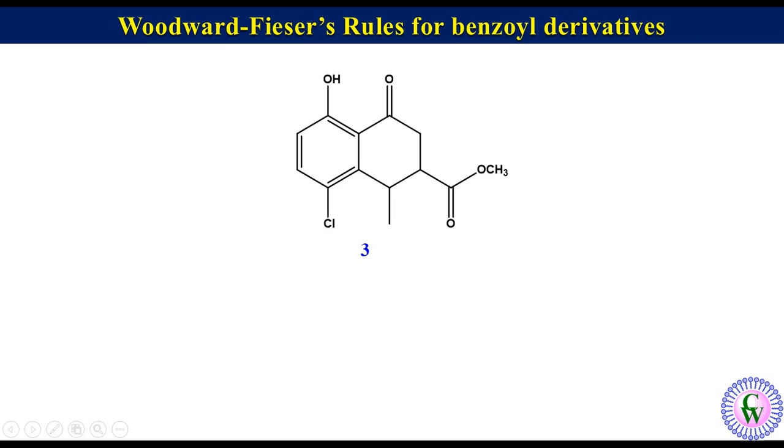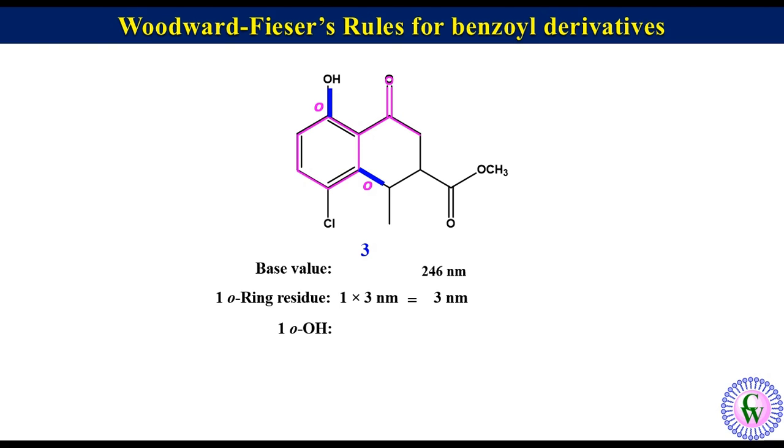Compound 3. This is also an aromatic ketone. Base value for an aromatic ketone is 246 nanometer. There is an ortho ring residue. Addition for one ortho ring residue will be 1 into 3 is equal to 3 nanometer. There is an ortho hydroxy group.